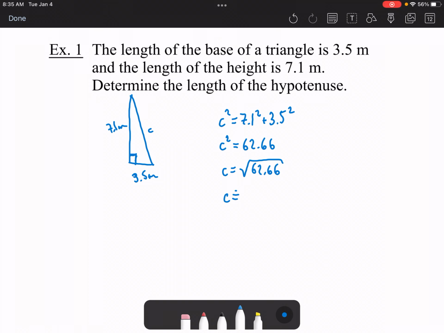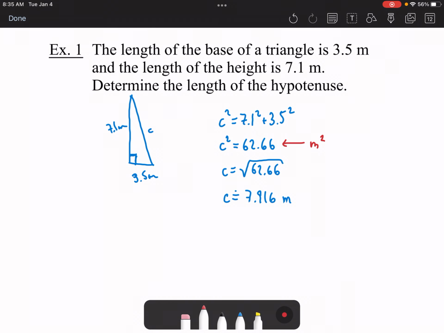It works out to approximately 7.916. This measurement was in meters, so this is in meters. This measurement right here would have been in meters squared. And there you get the length of your hypotenuse.